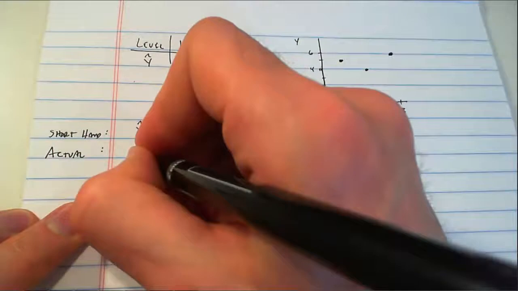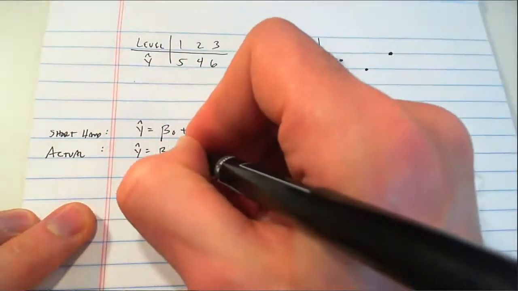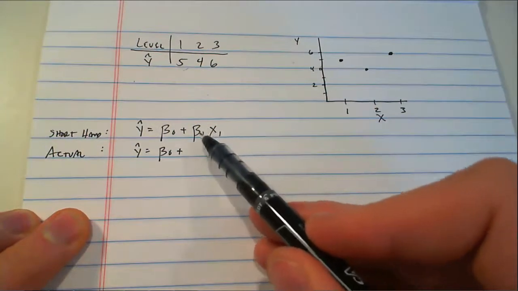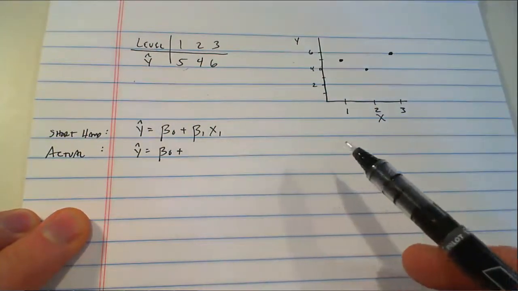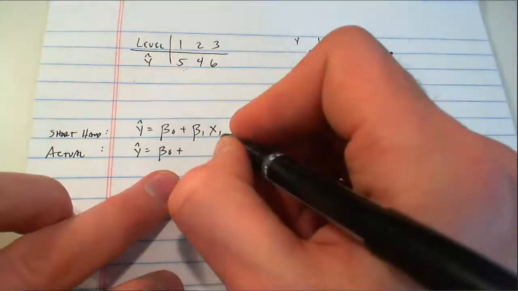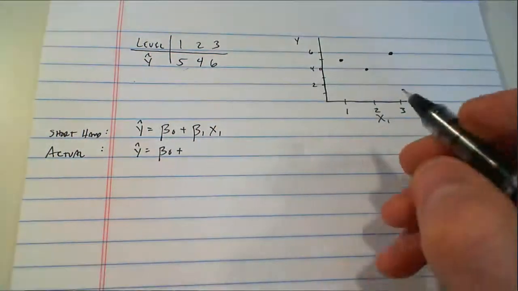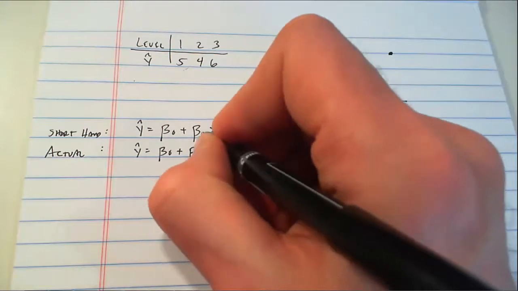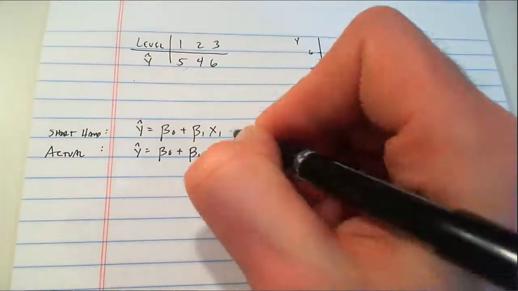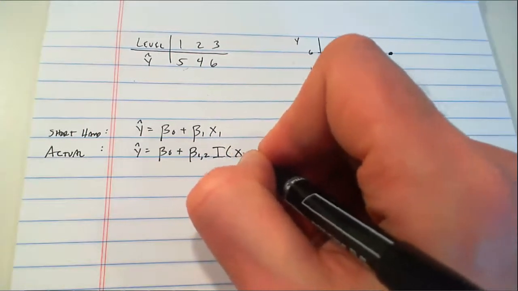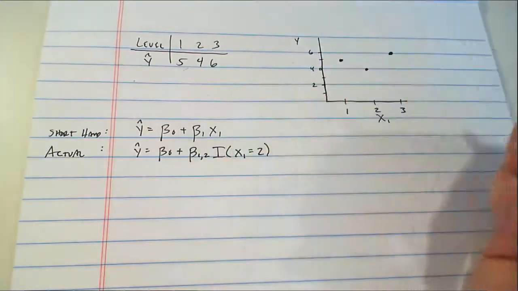So we still have y hat equals beta naught plus, and then the x term and beta term expand out for all the non-baseline groups. I called this x1, thinking ahead that we're going to have an x2 later on. So beta 1,2 times the indicator function whenever x1 equals 2.